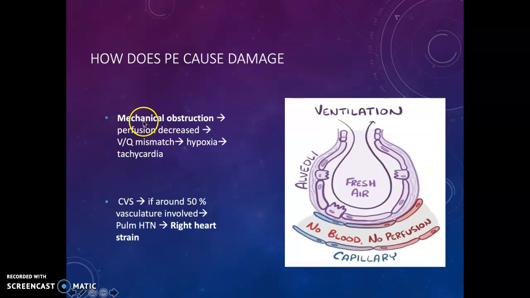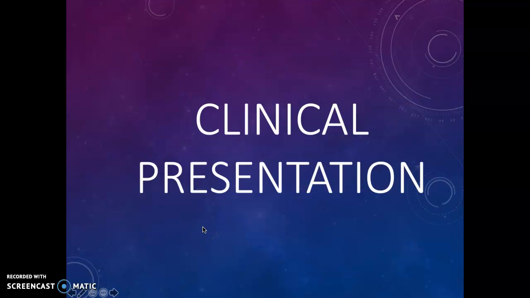As a result you have a mechanical obstruction causing decreased perfusion, thereby causing a VQ mismatch, causing hypoxia and tachycardia. If around 50% of the vasculature is involved, it can cause pulmonary hypertension, thereby causing right heart strain.